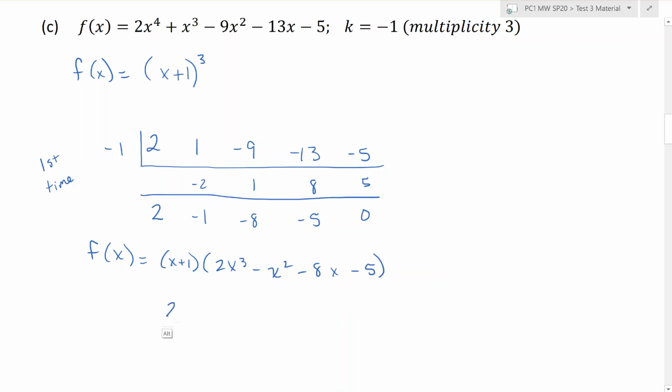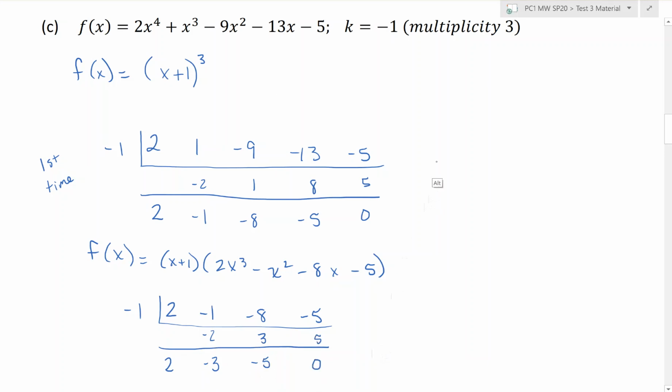Again, just make a new synthetic division table like so. Since it's a multiplicity of 3 and we've only taken out one of those, we should end up with a 0 again here. So let's try that. That's a 2, negative 2, negative 3, 3, negative 5, 5, and 0.